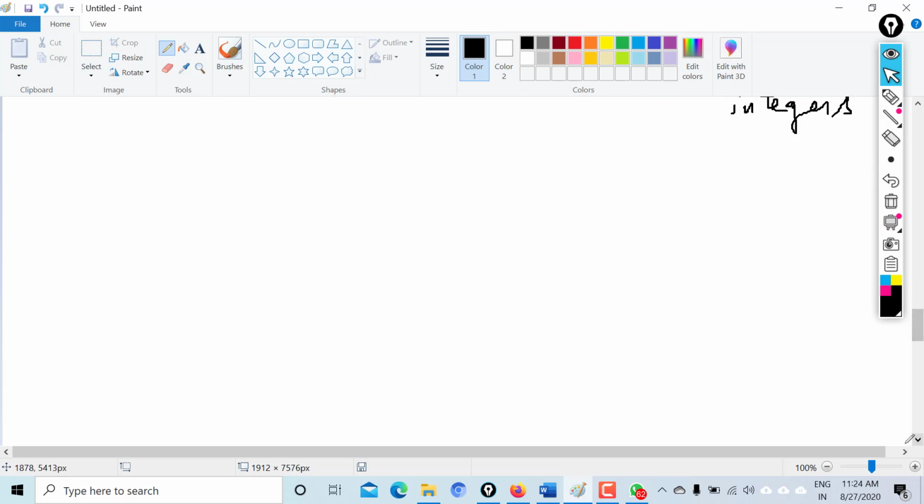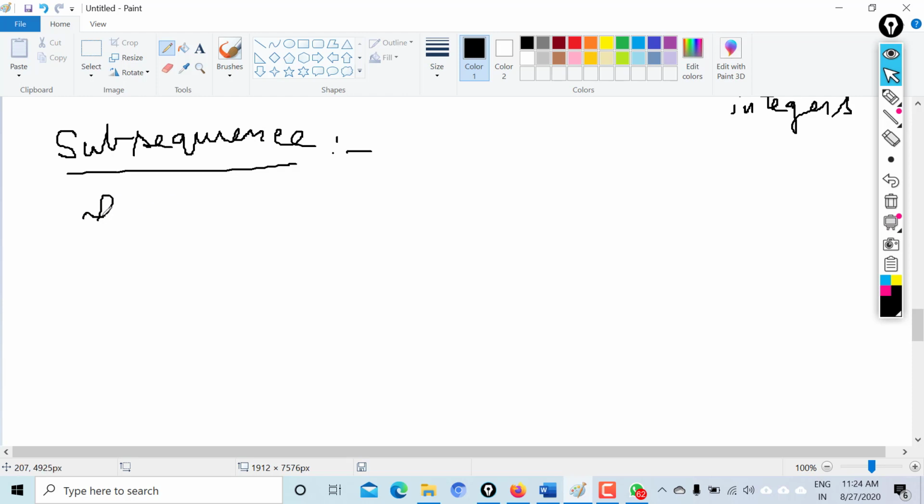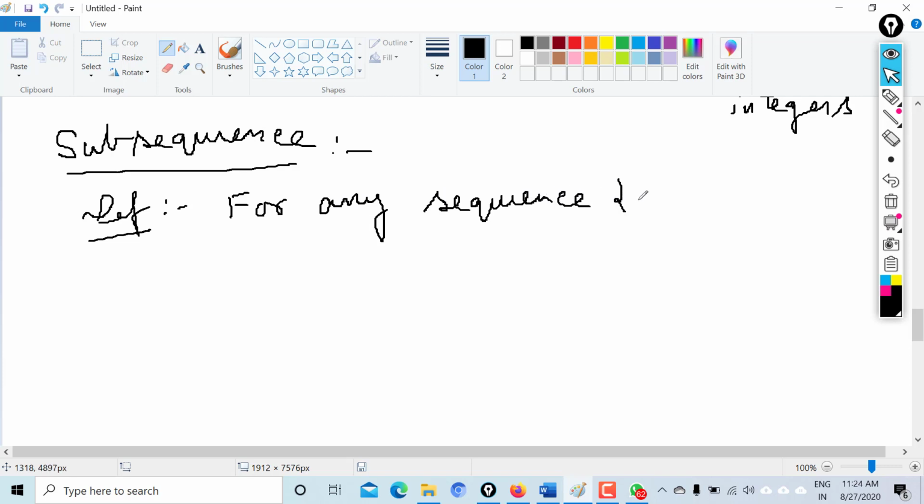In the same manner, the definition of a subsequence can be written. For any sequence n_k, the definition is: n_k is a sequence of positive integers such that all the n are in increasing order, like n1 is less than n2, less than n3, and so on and so forth.